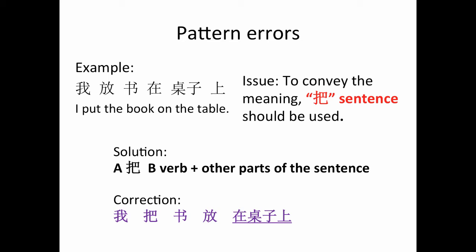Let's review the 把 pattern first. A 把 B plus a verb and then plus other parts of the sentence.